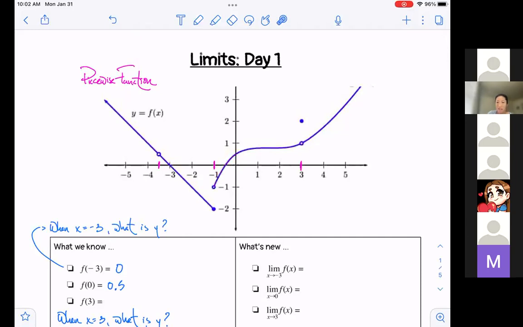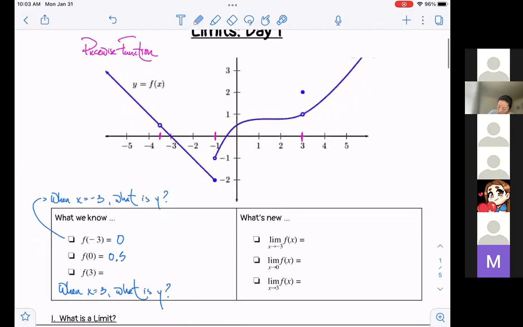But if it's an open circle, that's actually where we're like, oh, that's not the value there. This is almost saying we took that one point out. Maybe it was there before, but we picked it up and we moved it somewhere else. And in this case, we happen to move it up to 2, okay? And so f of 3, when x is 3, what is y? It's actually going to be 2, okay?